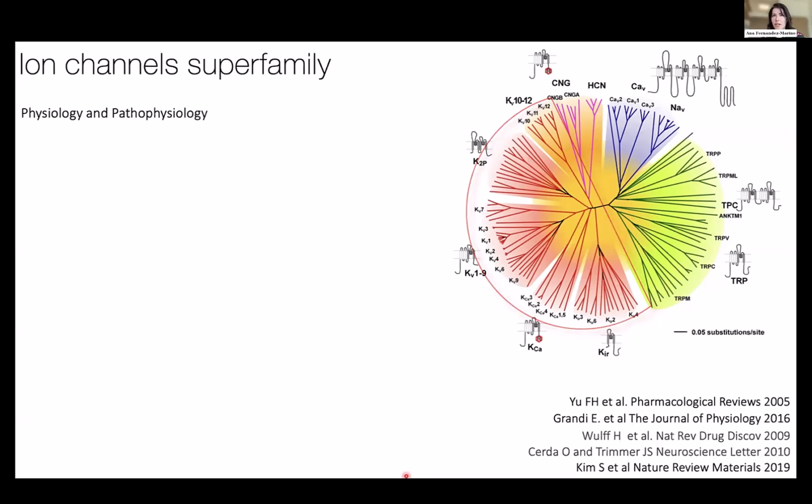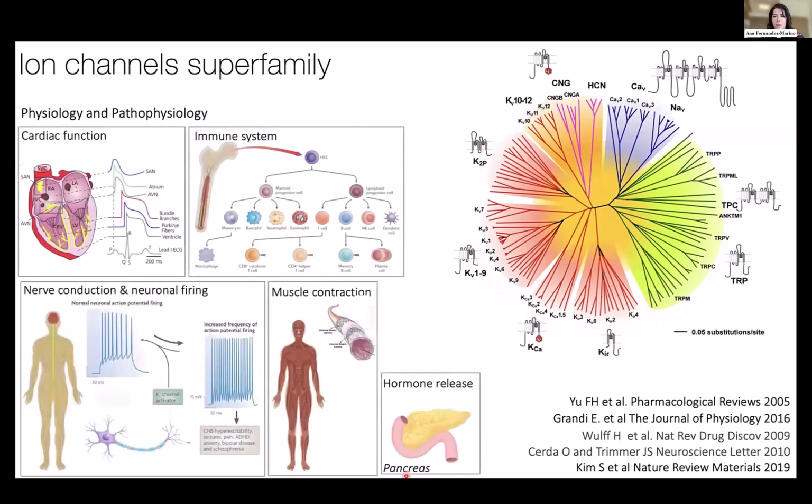They're very important physiologically. They are involved in many physiological processes like cardiac function, neuronal firing, hormone release, immune response, you name it. At the cellular level, they are the gatekeepers of the resting potential. They are responsible for bringing the membrane potential back to its resting level after a cell gets activated.